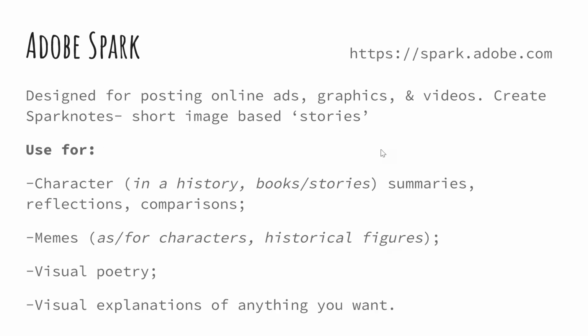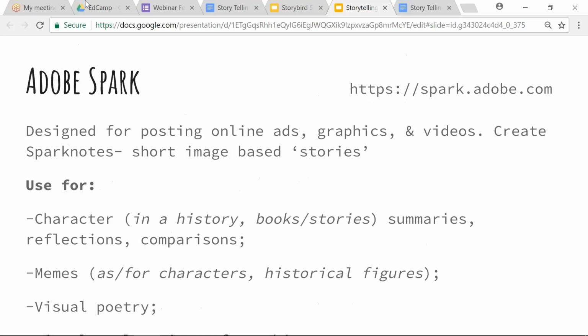I'm going to just show you a little bit of Adobe Spark. This is a short way for kids to design little online ads, graphics, and even some videos. And I like the idea of using this for short writing assignments, making kids think creatively and using the power of their pictures to make one-slide visual poetry or little summaries.